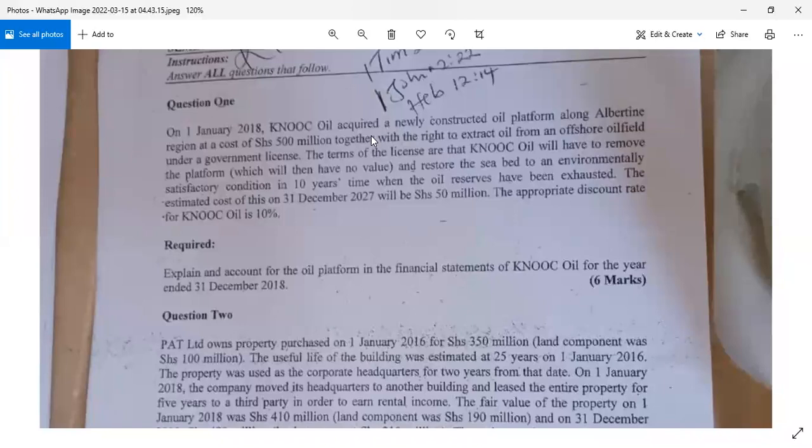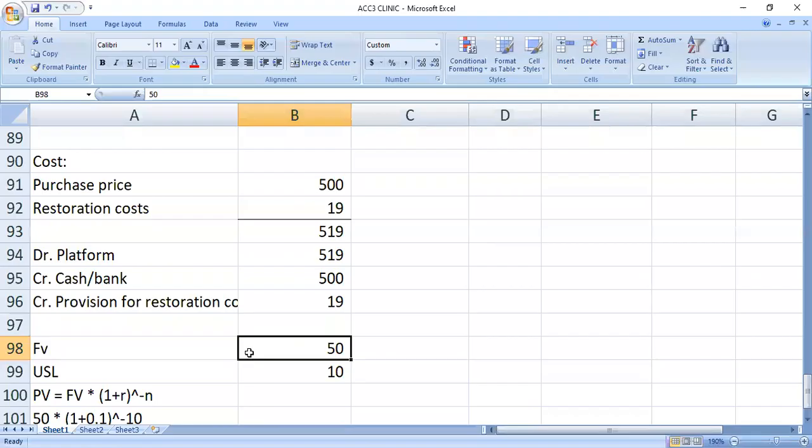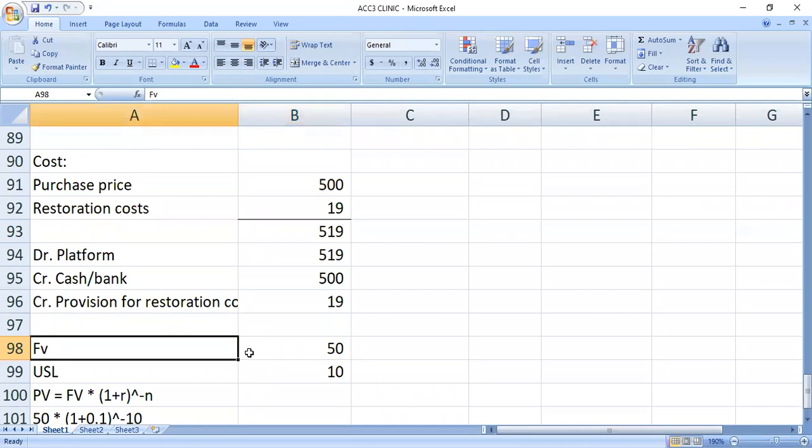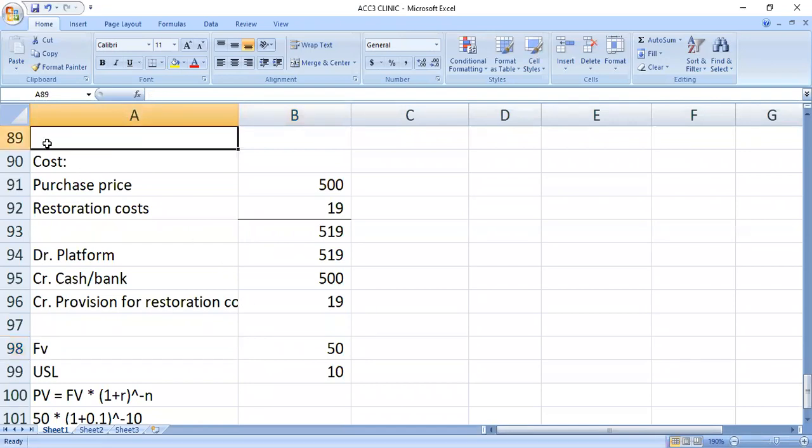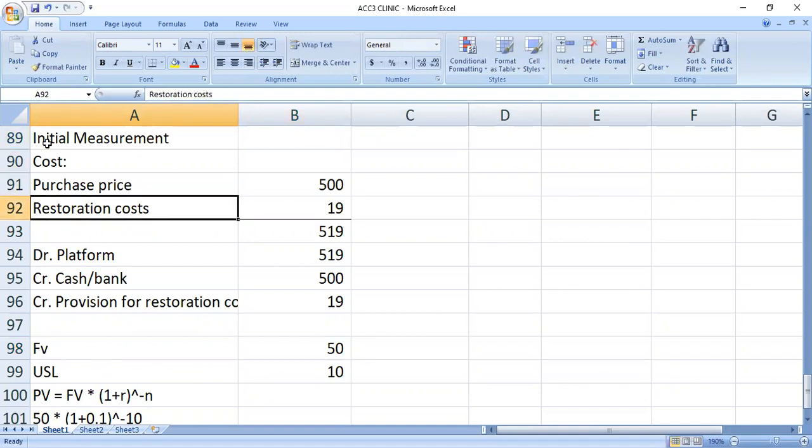If I may take you back to the solution, by doing that you have just dealt with the provision at the initial stage. This is initial measurement. Remember, under IAS 16, you have initial measurement and subsequent measurement.